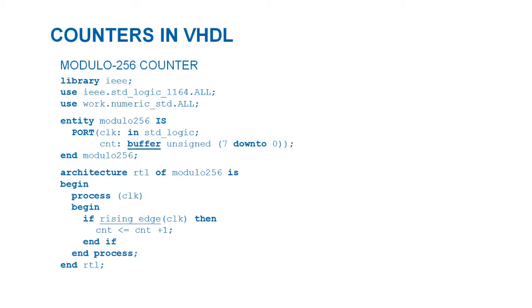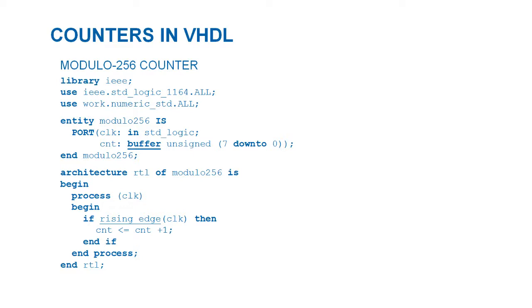Remember, buffers are a way of sending out data through an output, but at the same time reserving the right to update it. So you are able to read and update, and the consumer is only able to read. Now I have an architecture RTL attached to this modulo 256.